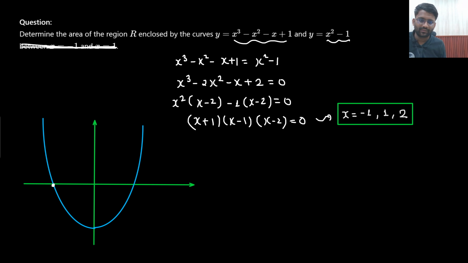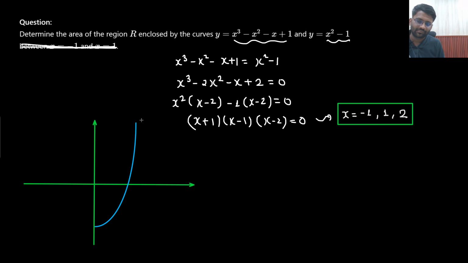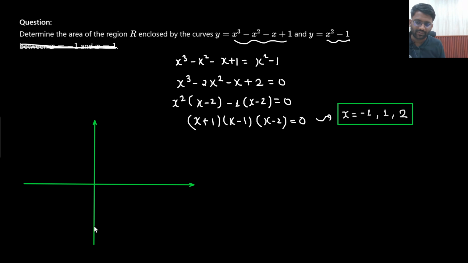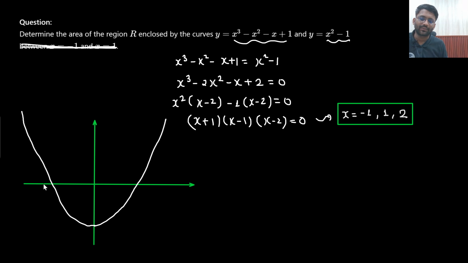Wait a second. I need to make the graph. I will make it by hand now because no other option is left. I have to make it by hand only. Okay, so this is the graph of y equals to, this point is -1, this point is 1.